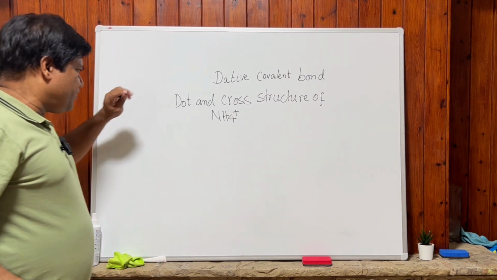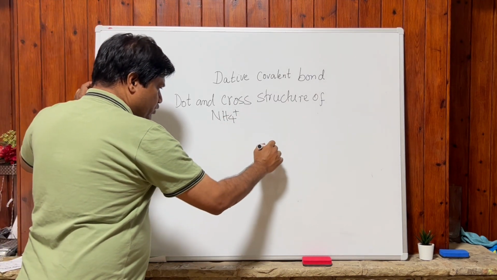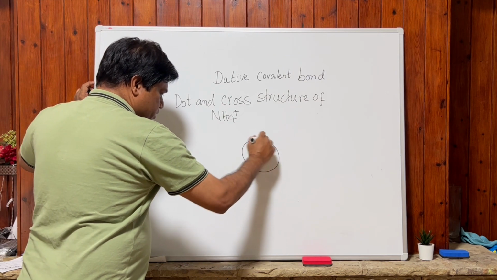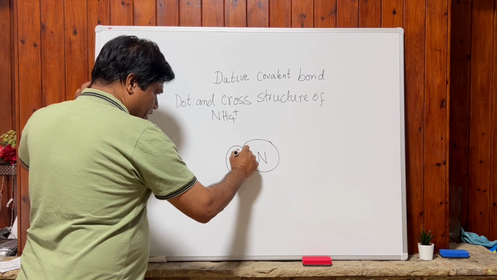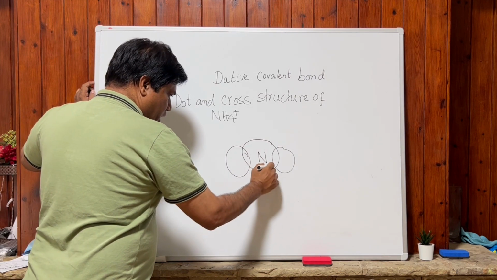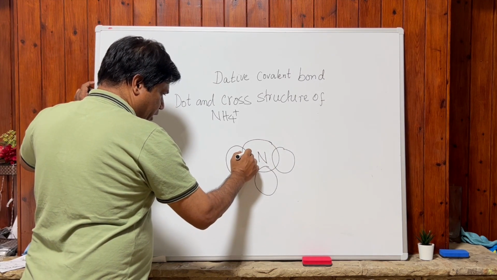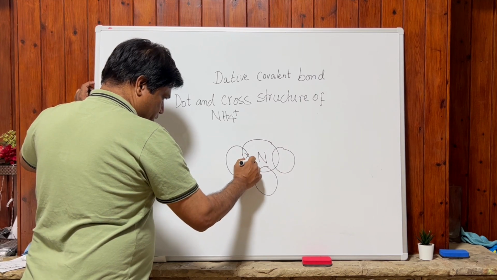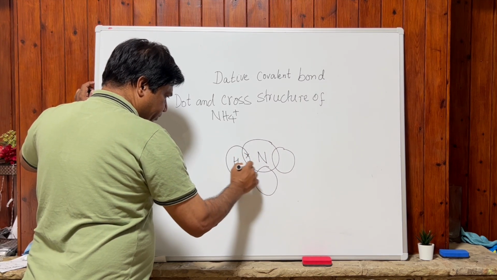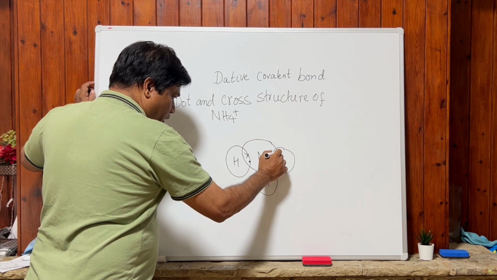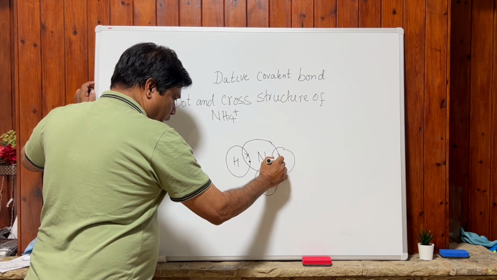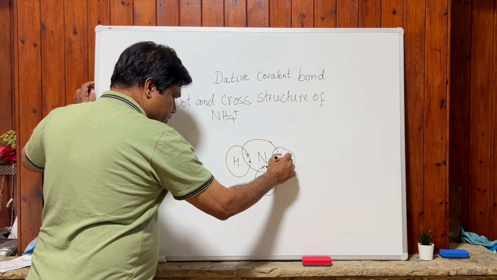First start with ammonia, the dot and cross structure of ammonia. The central atom is nitrogen. Nitrogen has 1 electron, 1 electron, and 1 electron, each shared with hydrogen, along with 1 electron from each hydrogen.